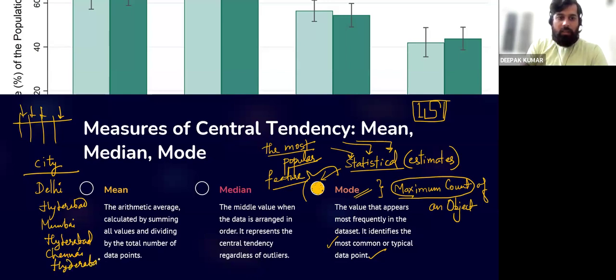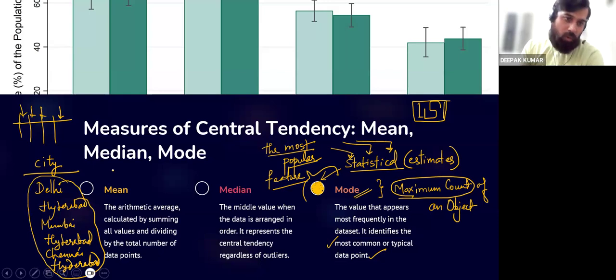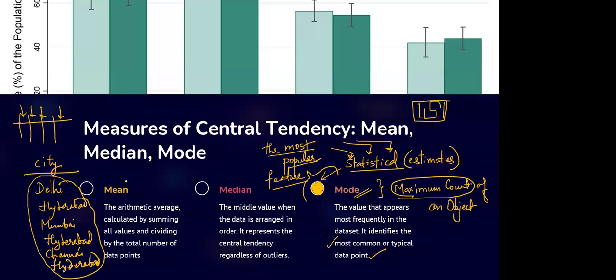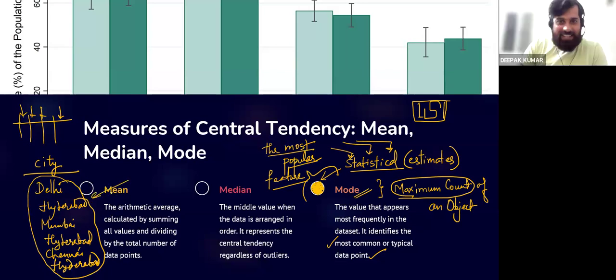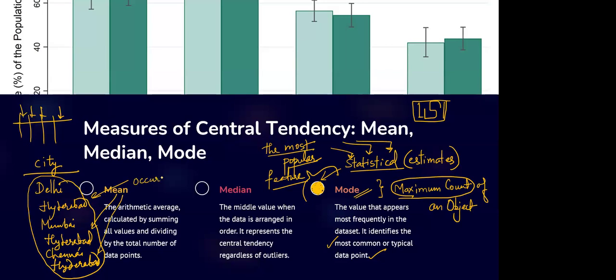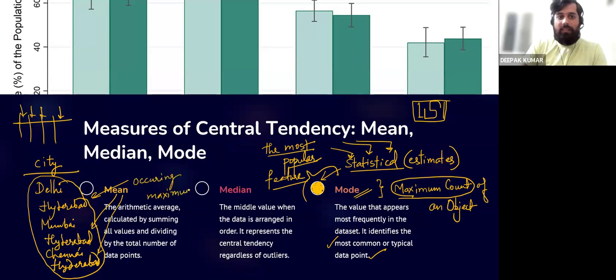So in your data set, at least 1, 2, 3, 4, 5, 6 rows. In your 6 rows, which city is most popular? Can anybody answer? Very simple. Hyderabad, not Ghaziabad, Hyderabad. Because it is occurring the maximum number of times. As simple as this.